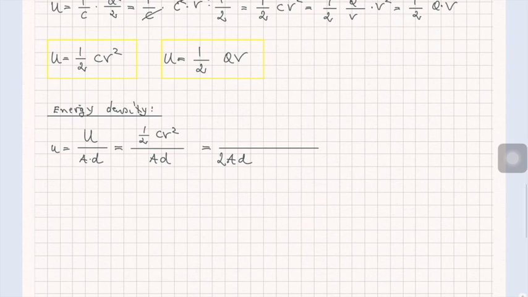We calculated that the capacitance for a parallel plate capacitor is epsilon naught times A divided by D. And the electrical potential for a parallel plate capacitor is V equals E D. So replace this here with E squared times D squared.